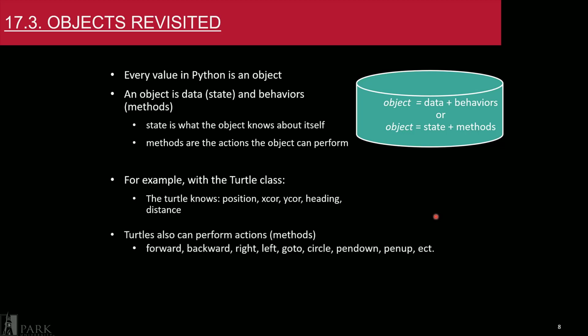We can go forward, we can go backward, left or right, we can go to a different point, we can draw a circle, and all of those things that we've used throughout the class already. Those are all methods that we are performing with a turtle object. We cannot call these methods by themselves. They have to belong to a turtle object in order to be invoked.